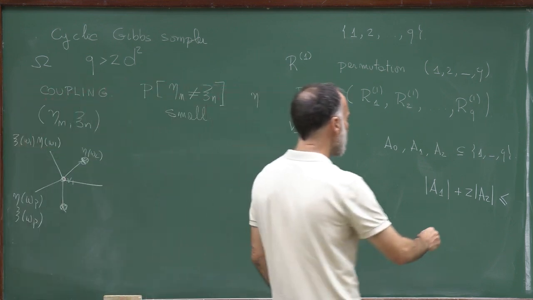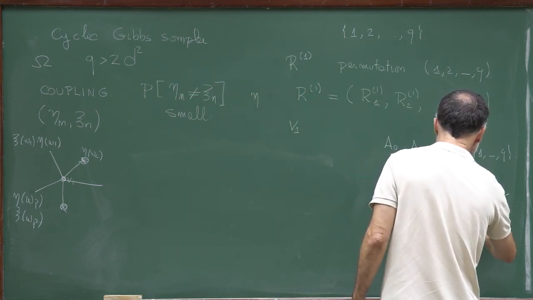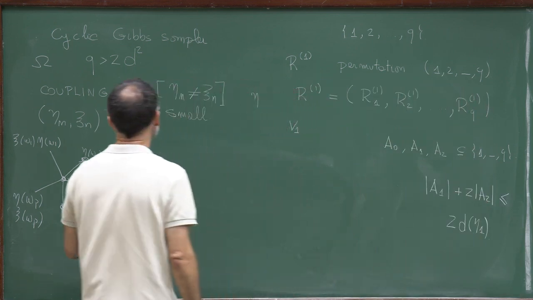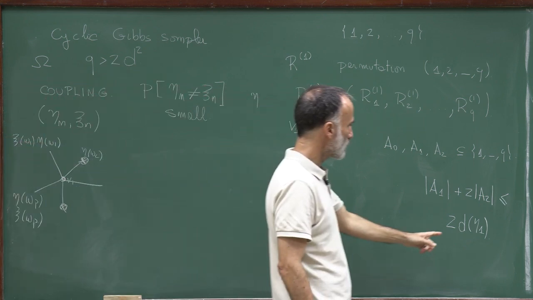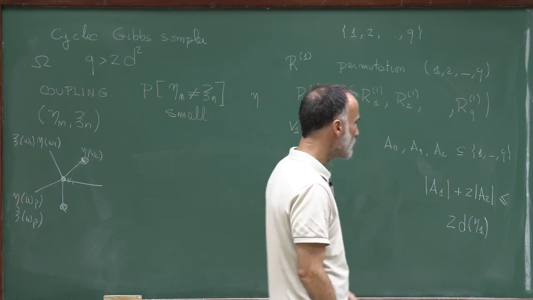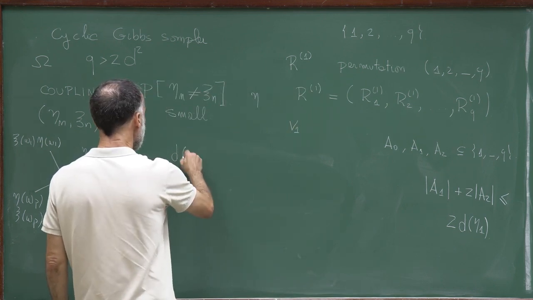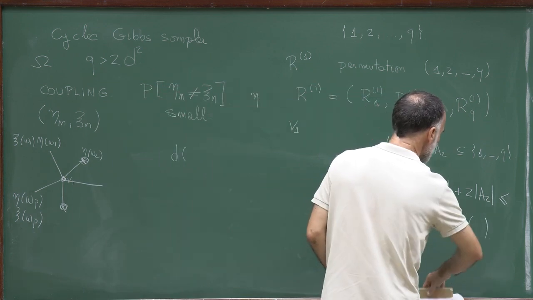So this is bounded by 2 times d(eta, V1). Of course, now I just realized that I didn't tell you what d is, and here I'm defining d(eta, V1). So d(eta, V1) is the degree of V1 in the configuration eta, d(V1).